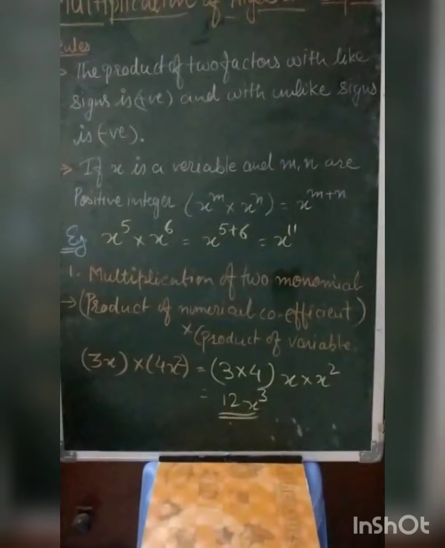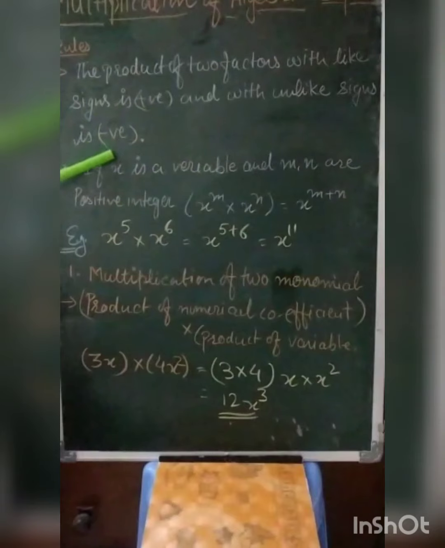So here we have given a quick revision of addition and subtraction of algebraic expression. Now we will extend the idea to multiplication of algebraic expression. So we are going to start multiplication of algebraic expression with some rules. Rule number 1 is: the product of two factors with like sign is positive and with unlike sign is negative.